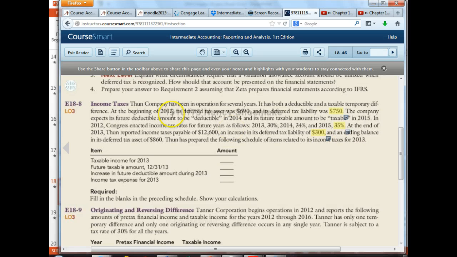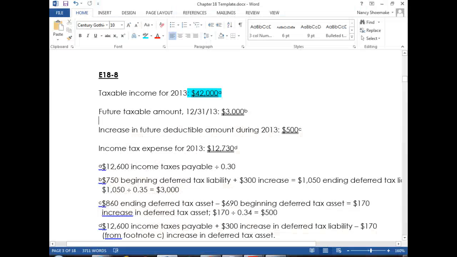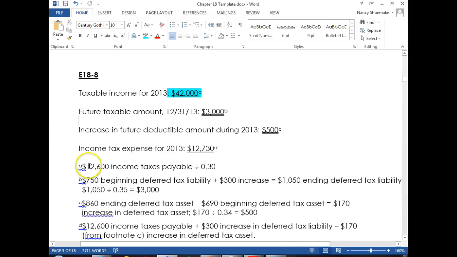So we started out with a deferred liability of $750. We added to it $300, so that gives us $1,050. And it tells us it's going to become taxable in 2015. If the $1,050 tax liability is divided by the tax rate in 2015 of 35%, that means the future taxable amount is going to be $3,000. Any questions on that? How are you guys doing? Make sense?